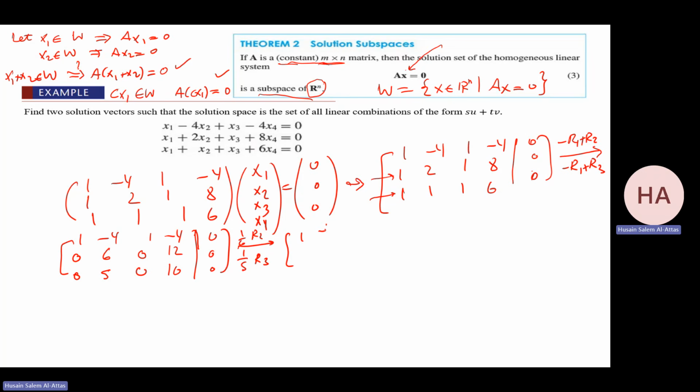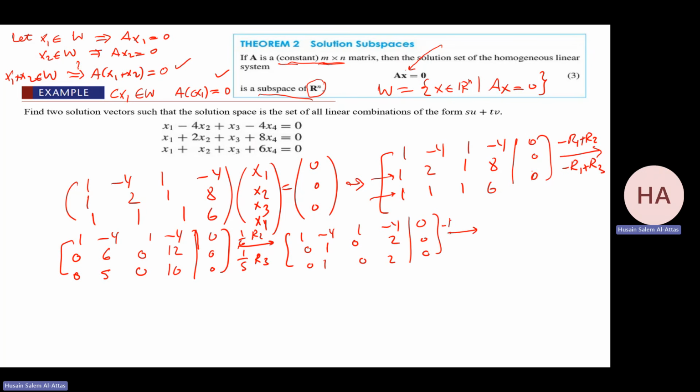That gives me 1, -4, 1, -4; 0, 1, 0, 2; 0, 1, 0, 2. Also I can get rid of the third row.